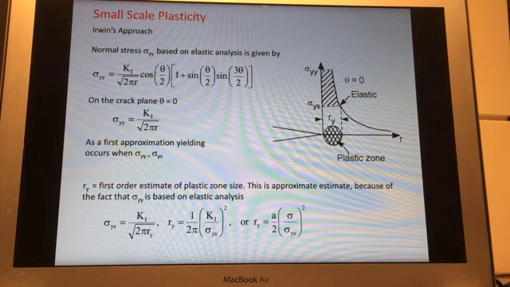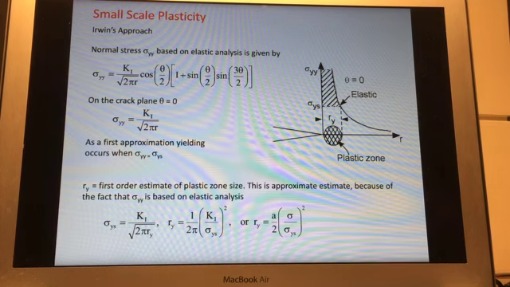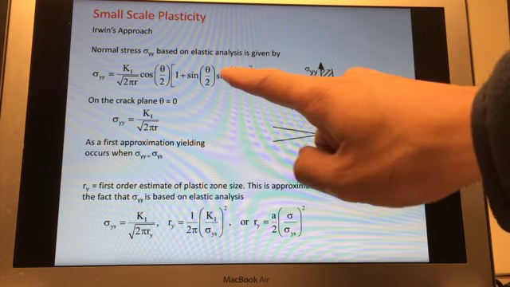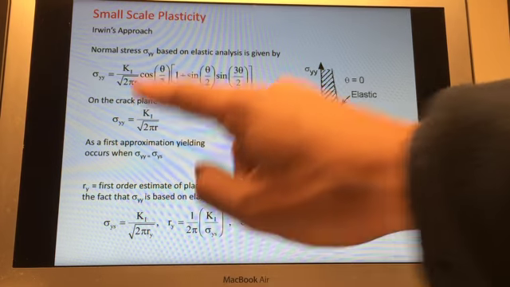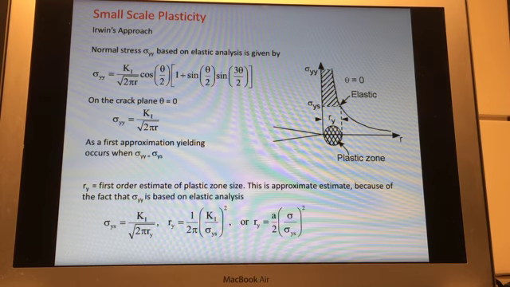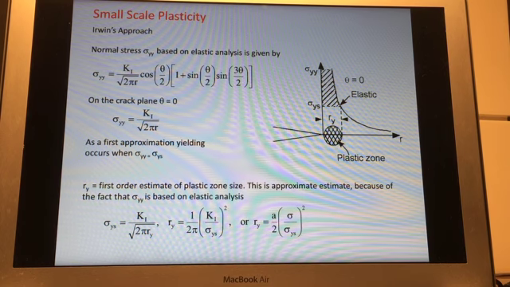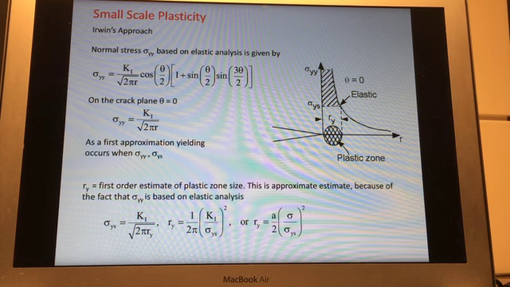Similar to the case of mode 3, it can be obtained in this manner. And on the crack plane, theta equals 0, you can plug in the 0 here, then easily you get sigma yy equals K1 divided by square root of 2 pi r, okay? That's the normal stress right in front of the crack tip, on the plane where theta equals 0.